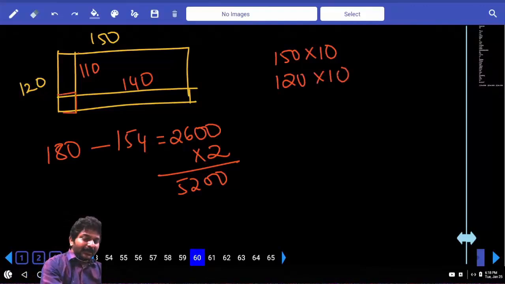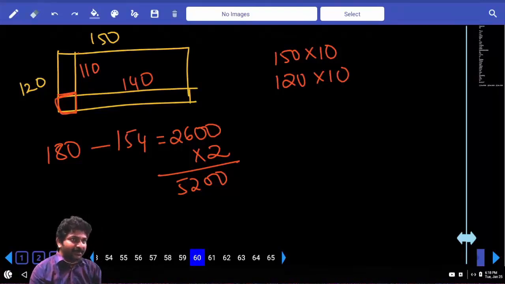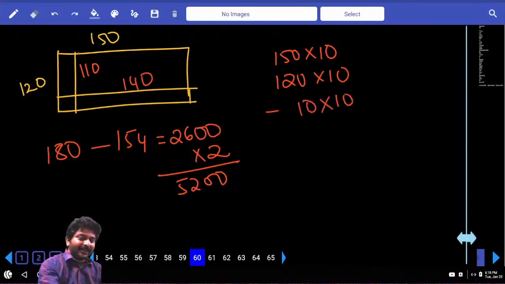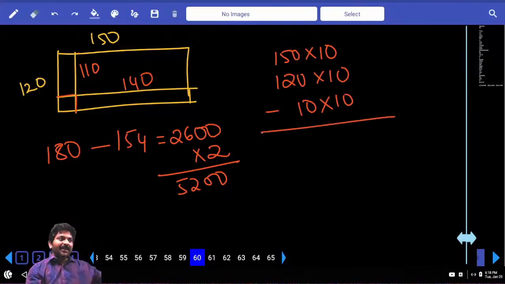But now this square got repeated, vertical-wise and then horizontal-wise. So it got counted 2 times. So we'll have to subtract it. Am I right? So minus this rectangle, 10 and 10 side. When you calculate this again you'll get the path area. But I don't recommend this. Outer rectangle minus inner rectangle is quicker. Okay?